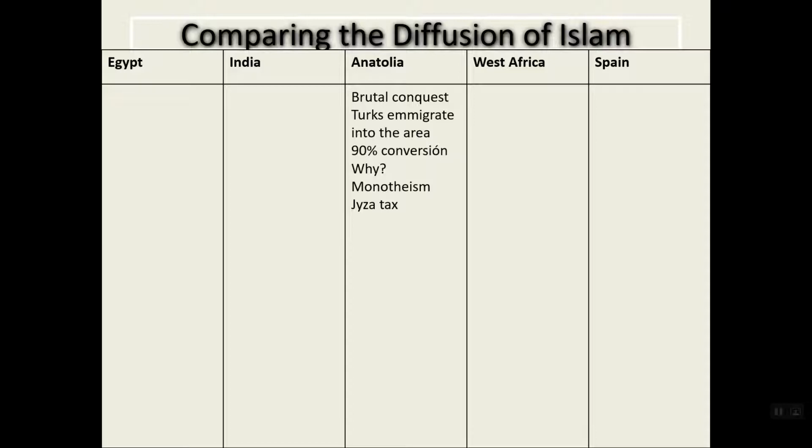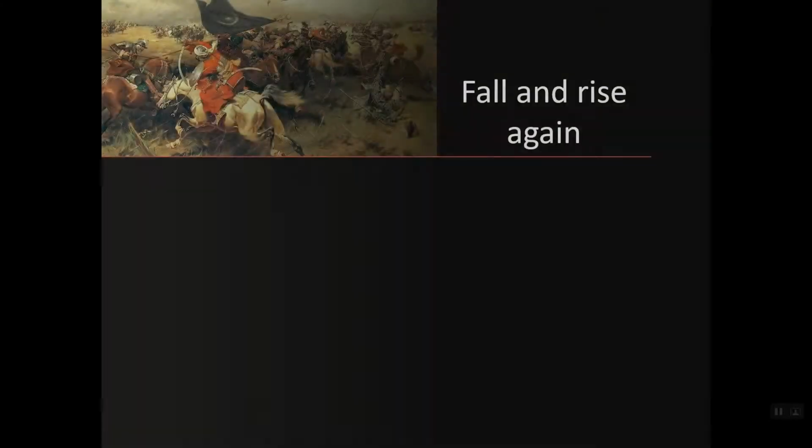They basically believe in the same God. One of the other reasons was the jizya tax. The tax meant that people had to pay it if they continued to be Christian or Jews. So they figured, we pray to the same God, let me try and get out of this. Another reason why there was 90% conversion is because the Turks ended up moving into the area.